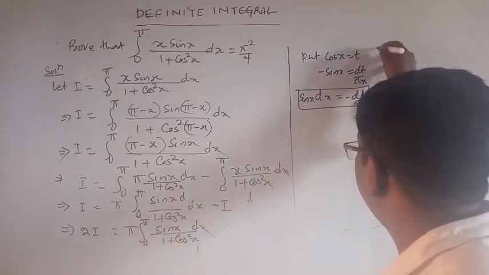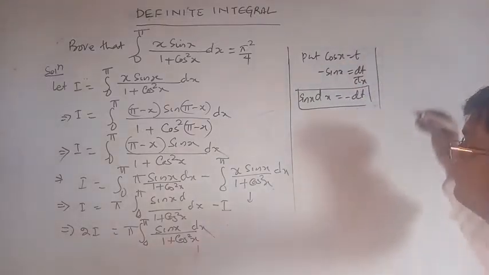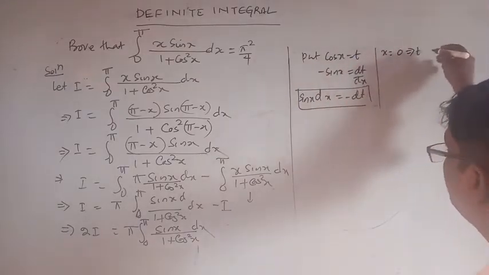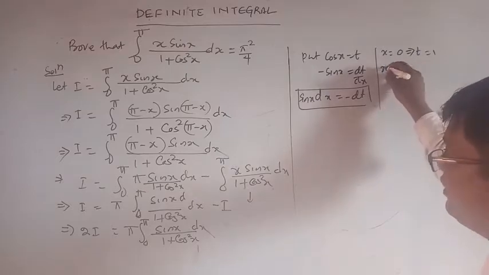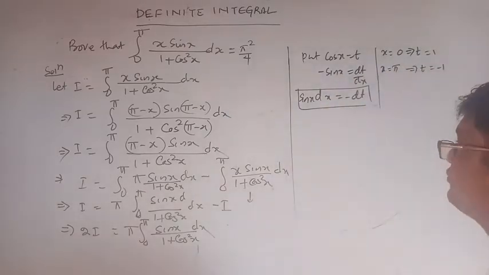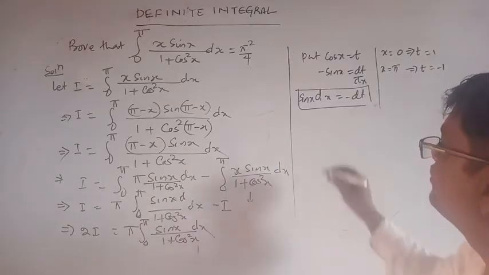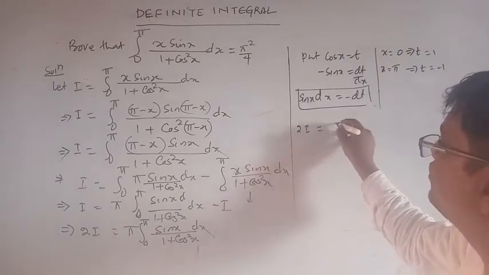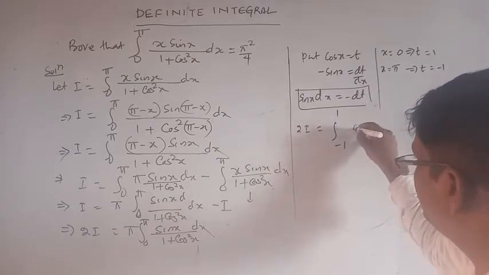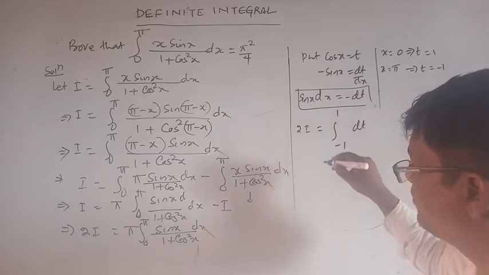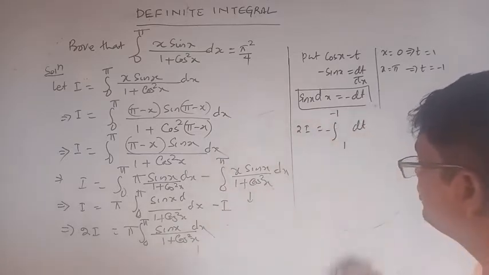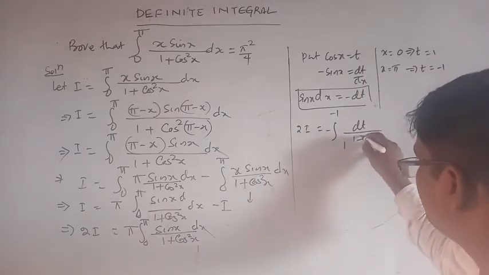When x is equal to 0, t is equal to cos 0, t is equal to 1. When x is equal to pi, t is equal to minus 1. So 2I is equal to integral from 1 to minus 1, with a minus sign, dt divided by 1 plus t square.